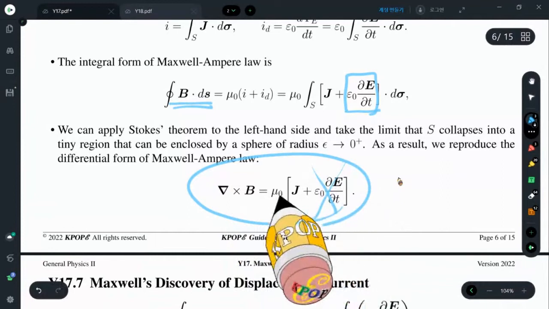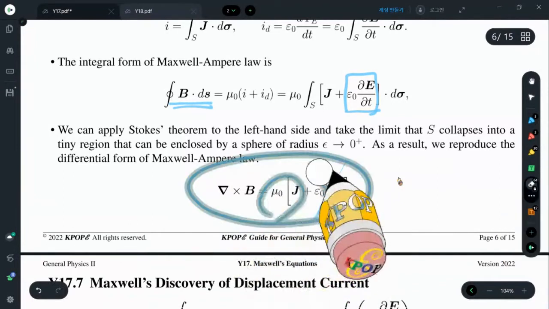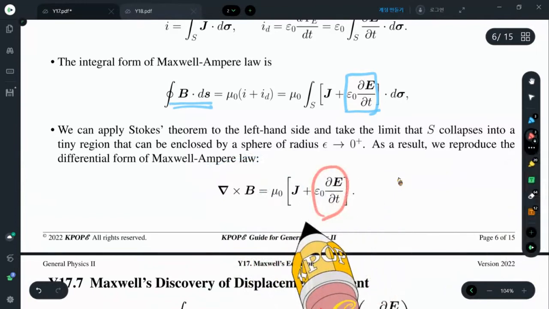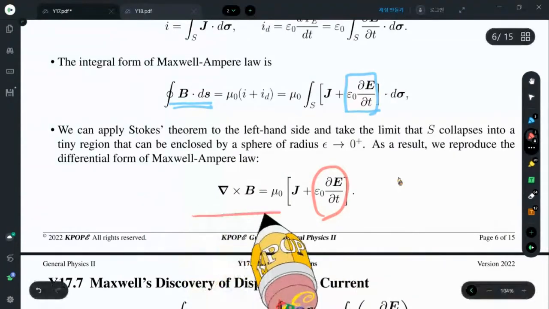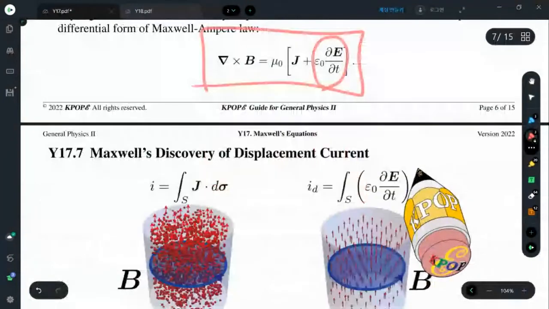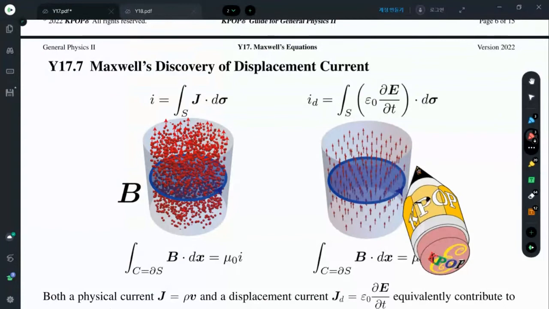If you remove this, this is Ampere's law, but that is an incomplete theory, and only if we include the displacement current density, we have a complete theory for the magnetic field. Now we have learned all of the electromagnetic theory that is expressed as the four Maxwell's equations.